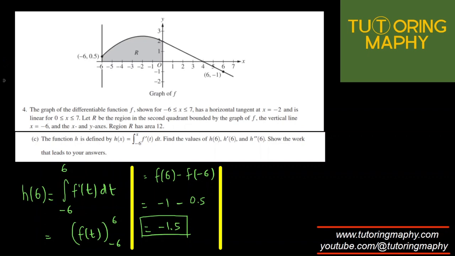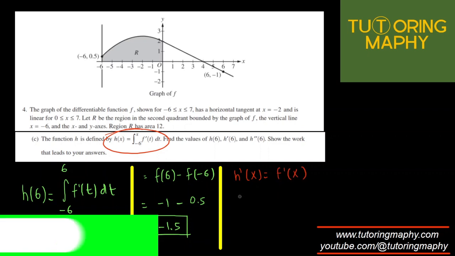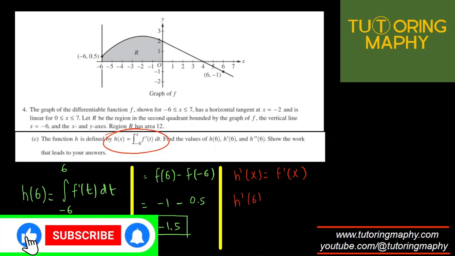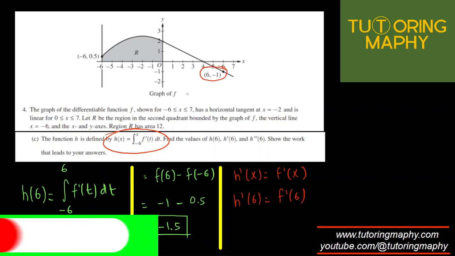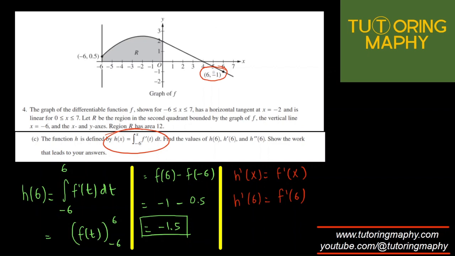Let's make some effort for h prime. And for h prime, once again, like I said, we are going to use FTC1. So likewise, h prime of x is going to be f prime of x. That's interesting. So h prime of 6 is also equal to f prime of 6. And don't you think that f prime of 6 is nothing but the slope of the function at 6? They just told us that this is a straight line, and we can easily find the slope of a straight line by rise over run.